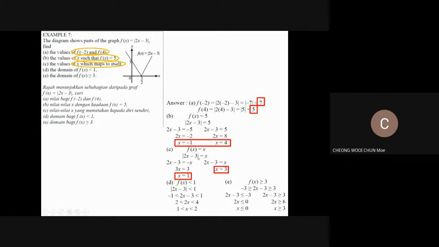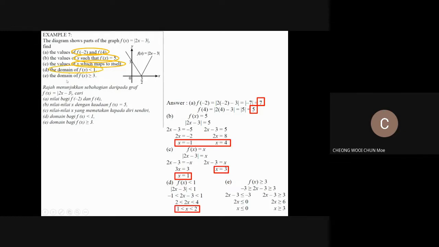When you take off the modulus sign, the value can be positive or negative. With negative: negative x brought over becomes positive x, so 2x plus x is 3x. Negative 3 brought over is positive 3. 3 divided by 3 gives 1. With positive: 2x minus 3 equals x. x brought over, 2x minus x is positive x. Negative 3 brought over is positive 3. So x equals 3. Two answers.